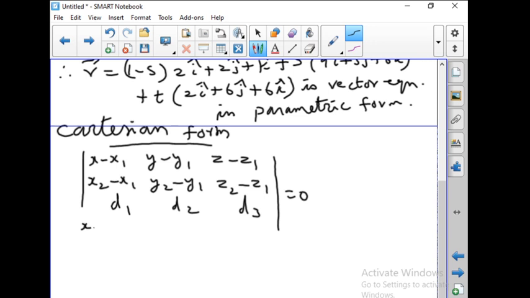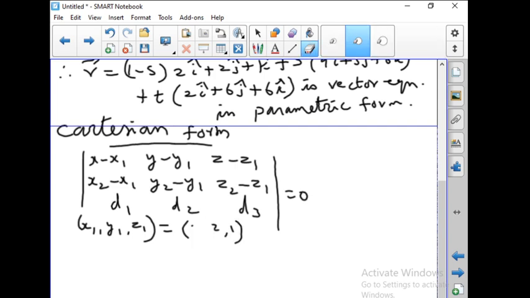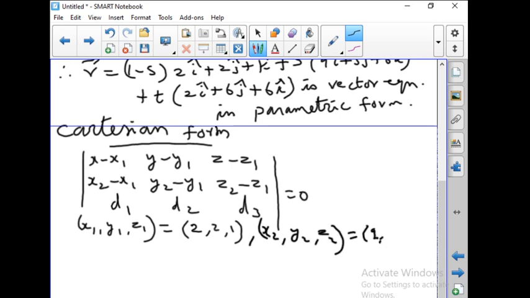So what is x1, y1, z1? It is 2, 2, 1. And what is x2, y2, z2? It is equal to 9, 3, 6.